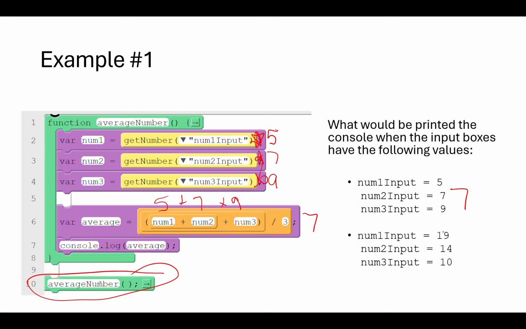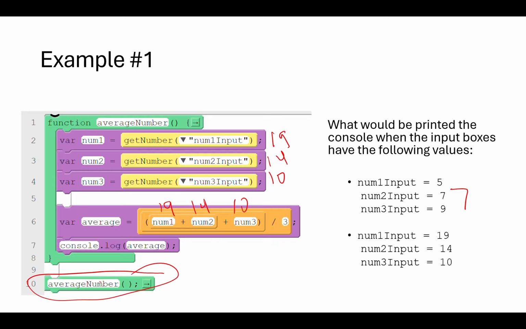Let's try another one. So they said 19, 14, and 10. Okay, I'm going to erase my code here. So I got a 19, a 14, and a 10. Well, 19 plus 14 is 33.